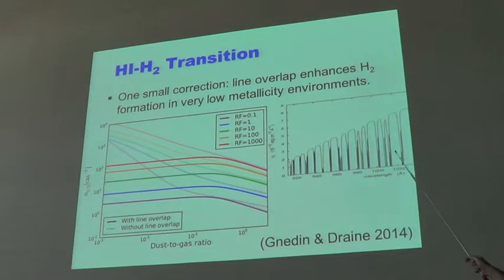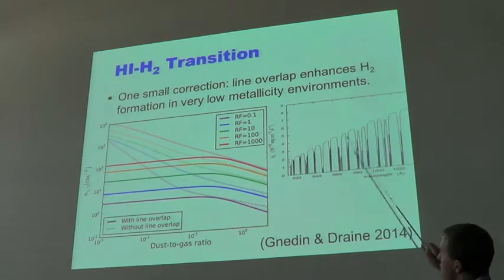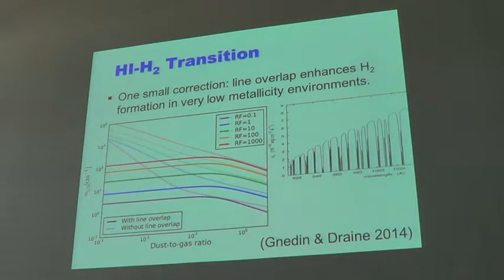Those are all absorption lines which correspond to different levels of the hydrogen molecule, and photons which hit those lines can destroy hydrogen molecules, so we want to shield them. At high enough column density, the wings of those lines begin to overlap, and the lines start helping each other. That's an effect that has not been accounted for.